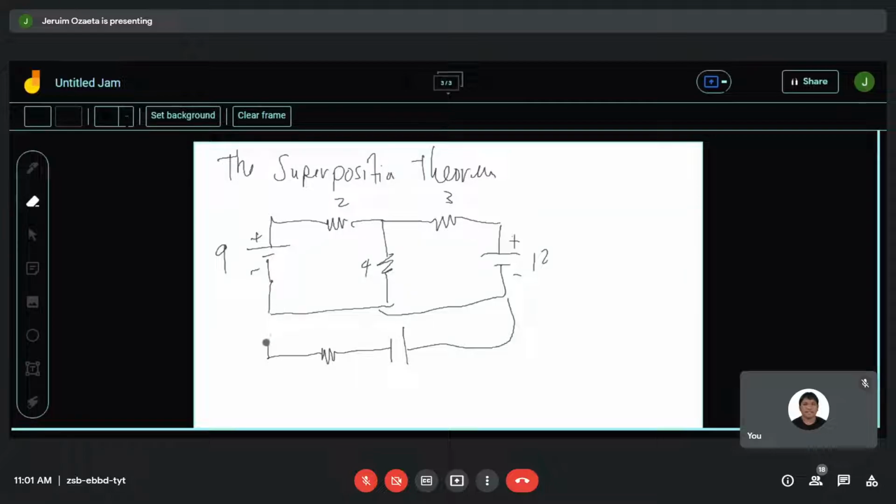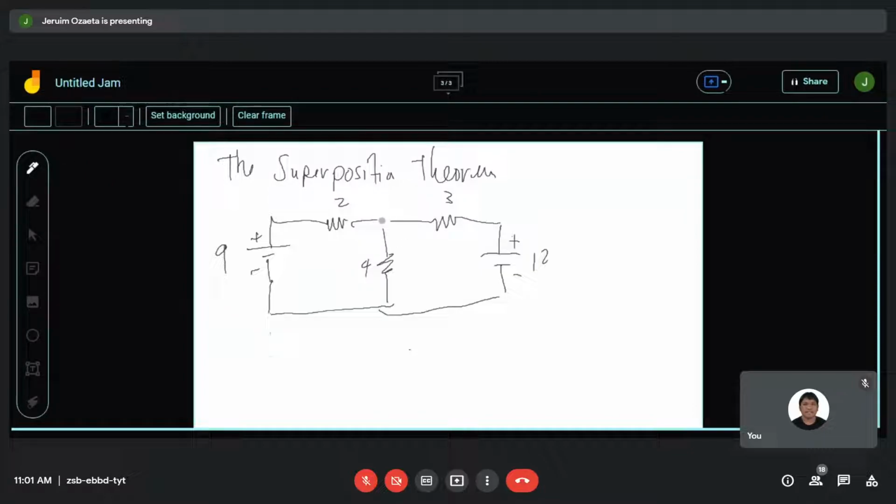We're just emphasizing the understanding of the principle. The principle says that all of the sources contribute current through the element.